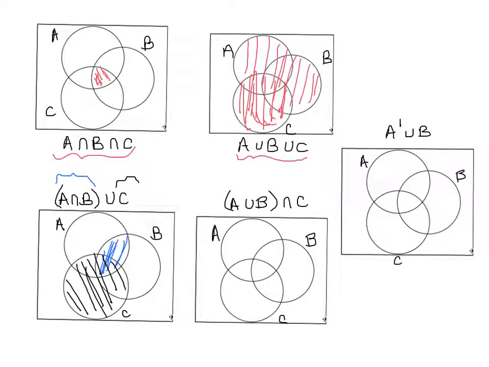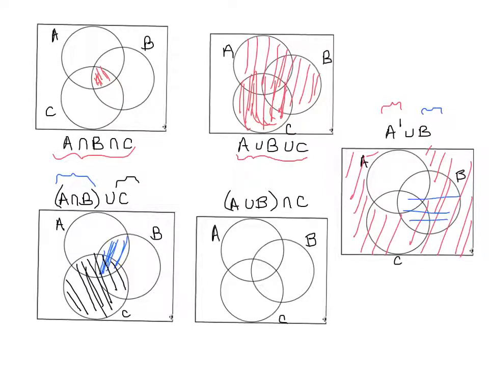Alright, so now another union, just to make sure we have it. Let's do this one on the right side of the page. We're going to do A complement union B. And again, since it's a union, we do everything in A complement as well as everything in B. So first we can do A complement, and A complement looks like this, as well as now we can do everything in B, and B looks like this.